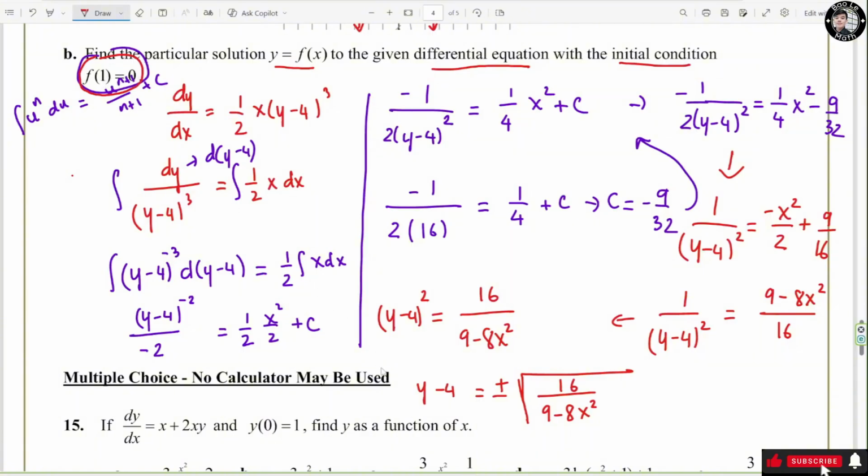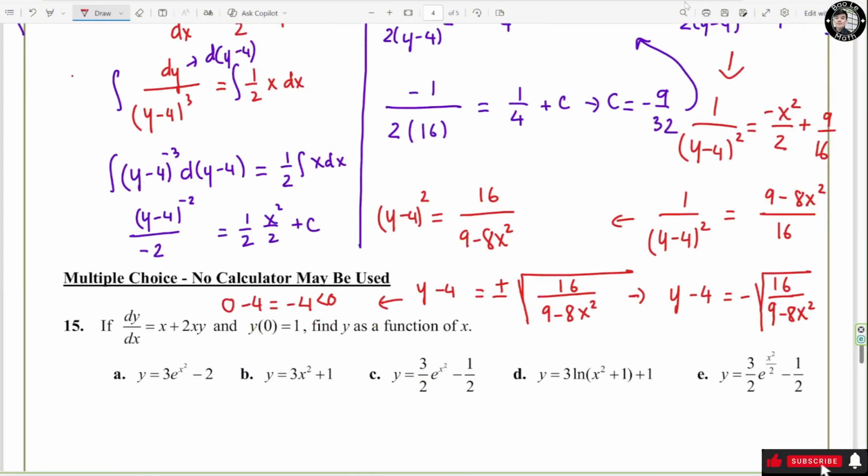Substitute 0 for y: 0 minus 4 equals negative 4, which is negative, right? So I'm going to pick the negative side. So your solution should be y minus 4 equals negative the square root of 16 over (9 minus 8x squared), right?